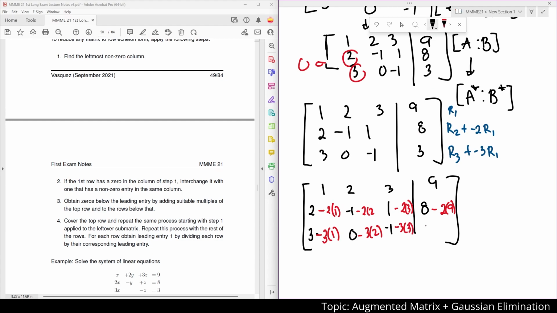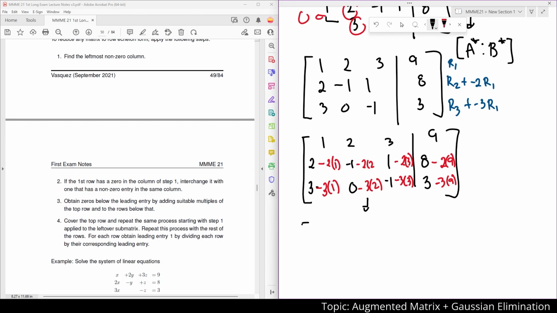Then dito sa baba, we have 3 minus 3 times 9. If we do that, solving for that one, we would get 1, 2, 3, 9. 0, negative 1 minus 3, negative 4, negative 5. 1 minus 6, negative 5.